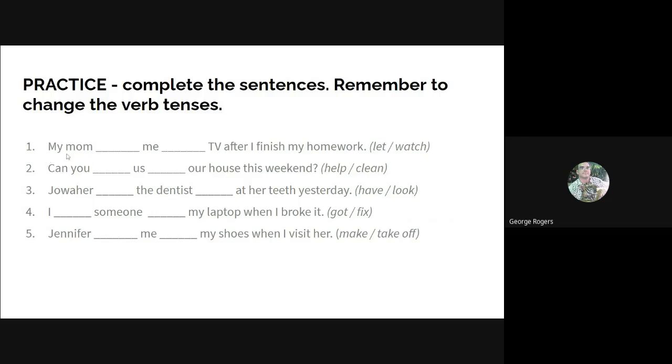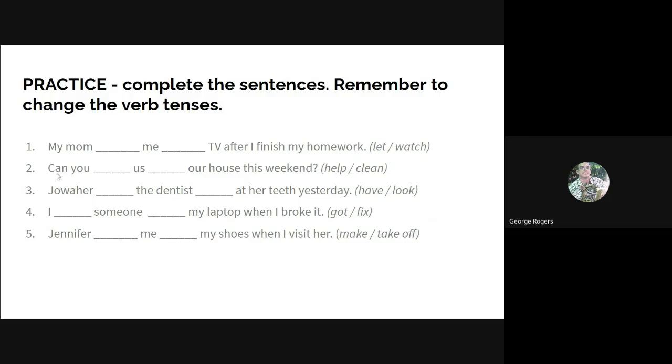So this one I'll kind of give, but I won't give the others. Again, my mother is one person. You don't typically have two mothers. So if you put "my mother," you'd have to add the S. My mother lets me watch TV after I finish my homework.